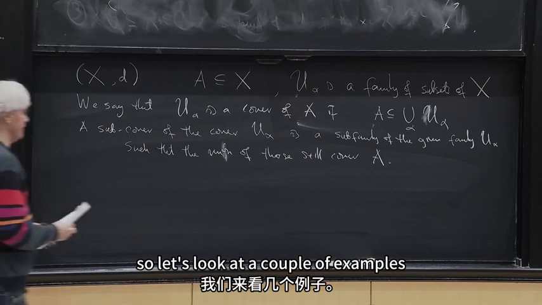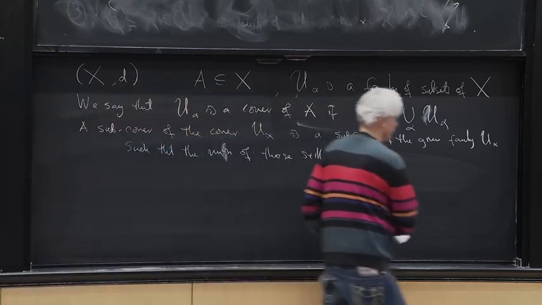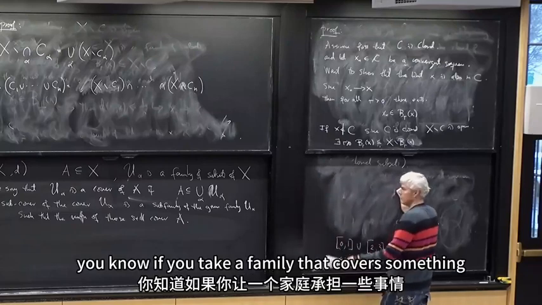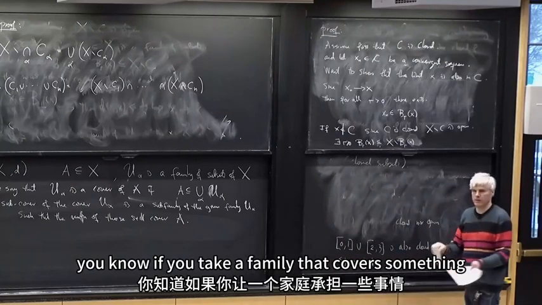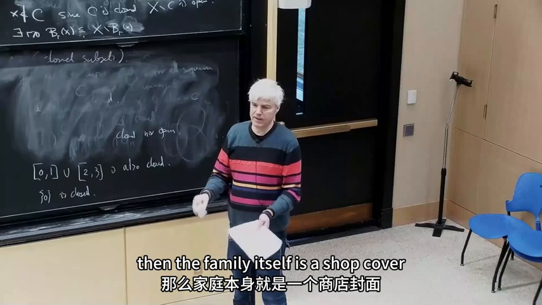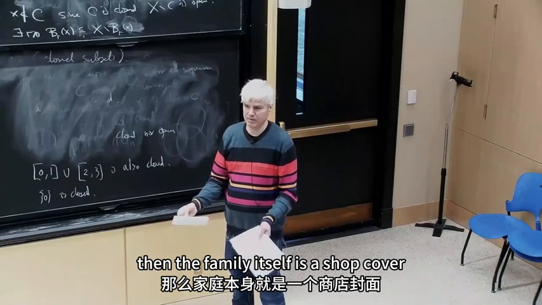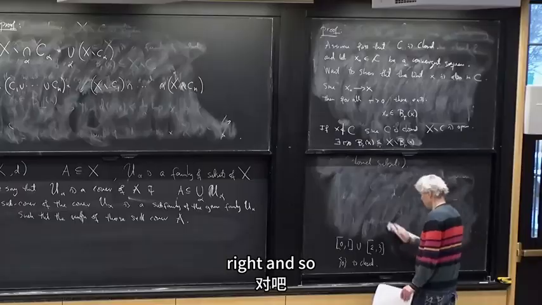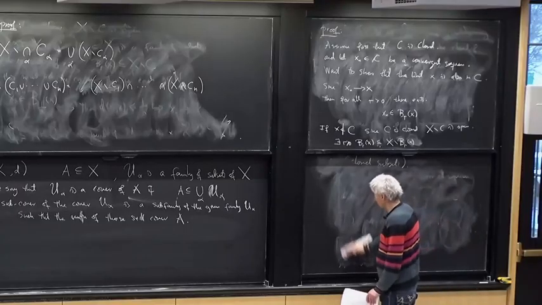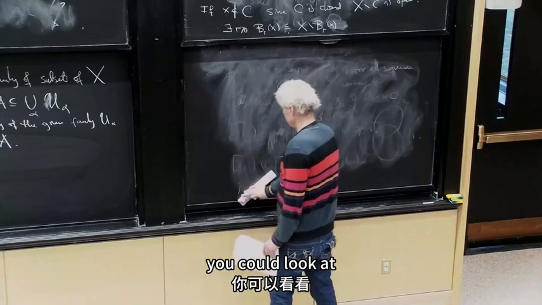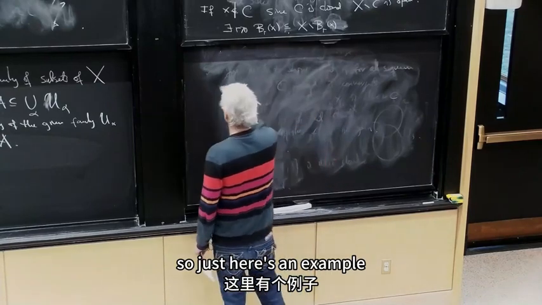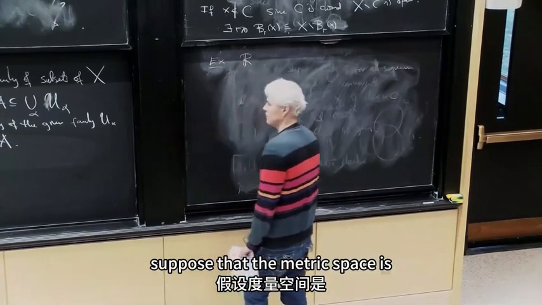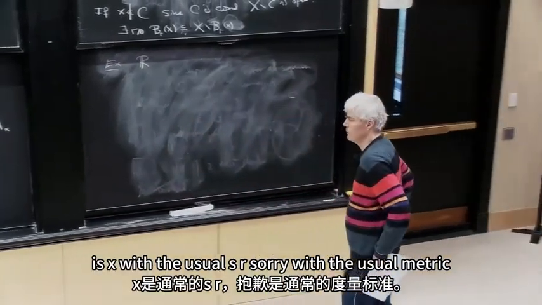So let's look at a couple of examples. If you take a family that covers something, then the family itself is a subcover, but that's a kind of trivial subcover. So just as an example, suppose that the metric space is R with the usual metric.